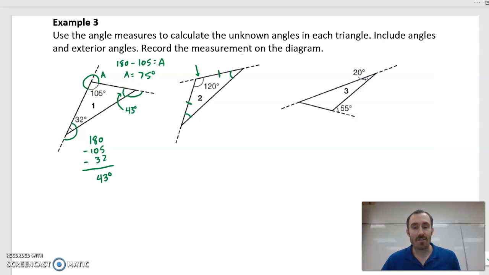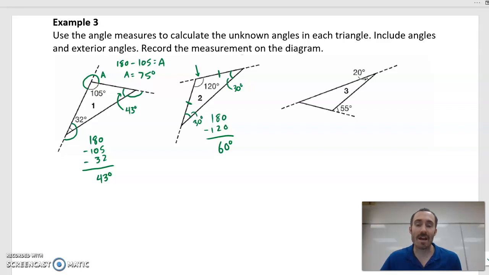And so what we need to do is take this 120 degrees and subtract it from 180 to give us what's left over for those two missing angles that we're going for. And that's 60 degrees. So 60 degrees is what's left for those two angles, and they're the same as each other, which makes them each 30 degrees, right? So this one is 30 degrees, and this one is 30 degrees.